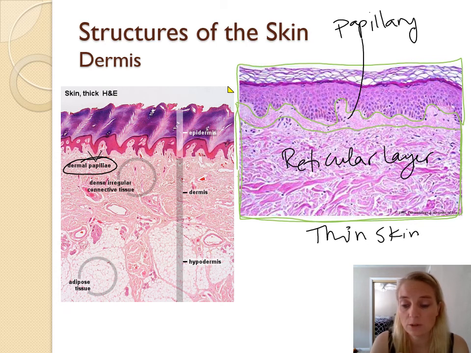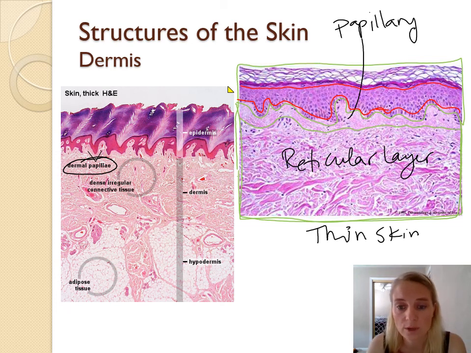And if we wanted to do a little review of our epidermis, we can try to do that. So I will outline the first layer. So remember what that is called? Stratum basale. And then the next layer, stratum spinosum.